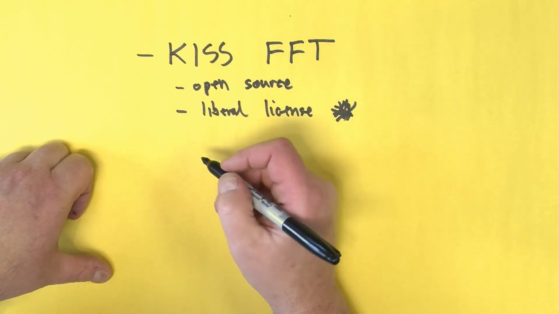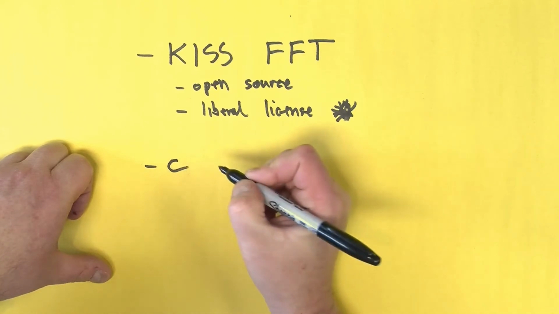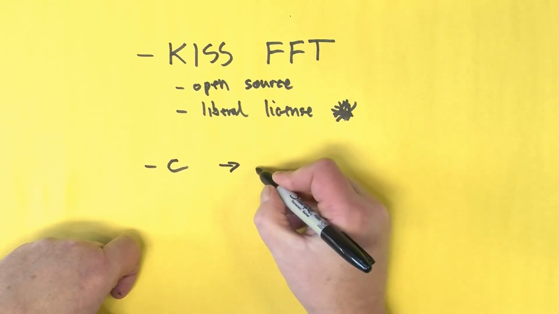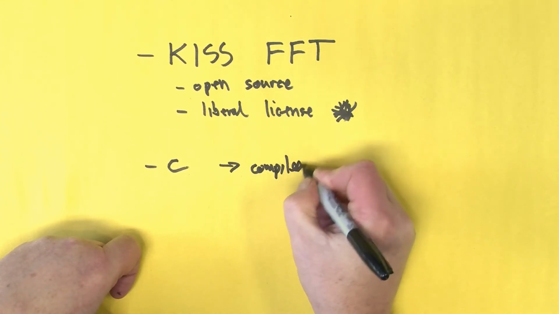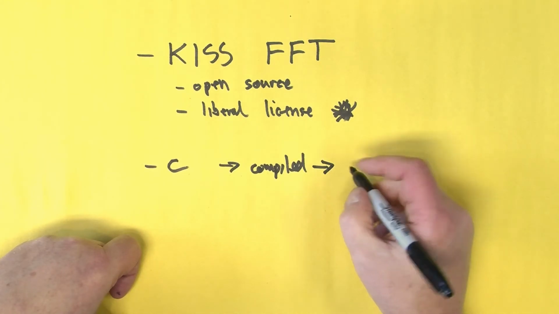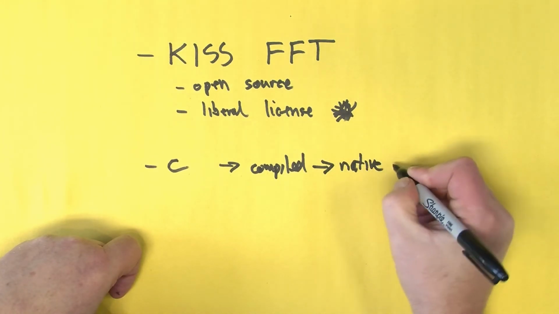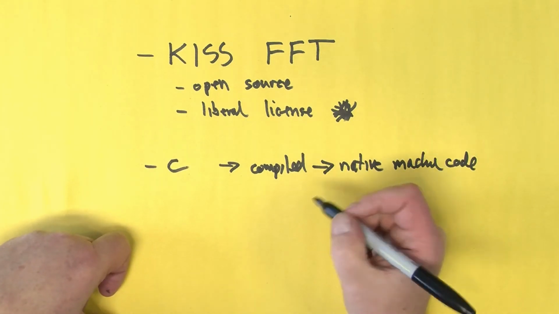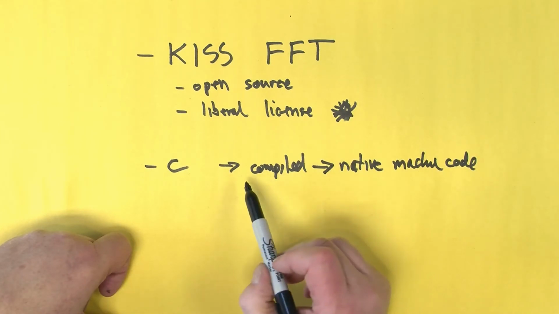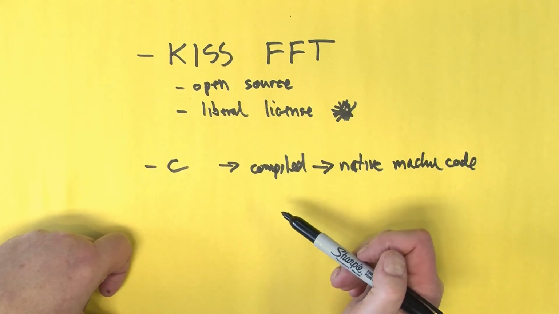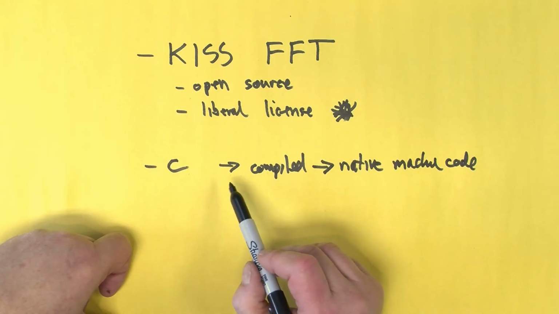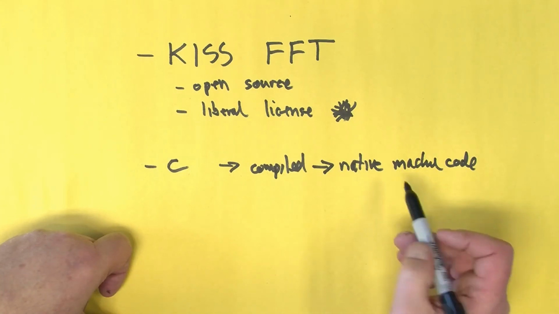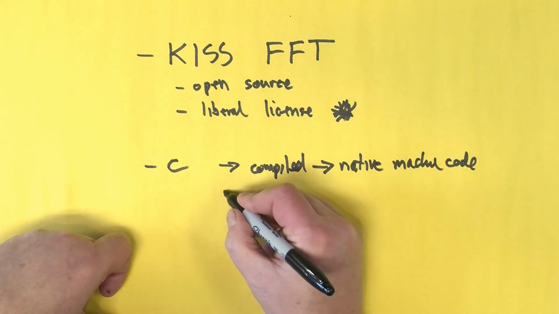This is natively written in C, and that's actually a pretty good thing because C gets compiled down to native machine code. In other words, to the instructions that the particular processor in your cell phone or laptop or whatever executes right in memory. And that's kind of important because machine code is very efficient.